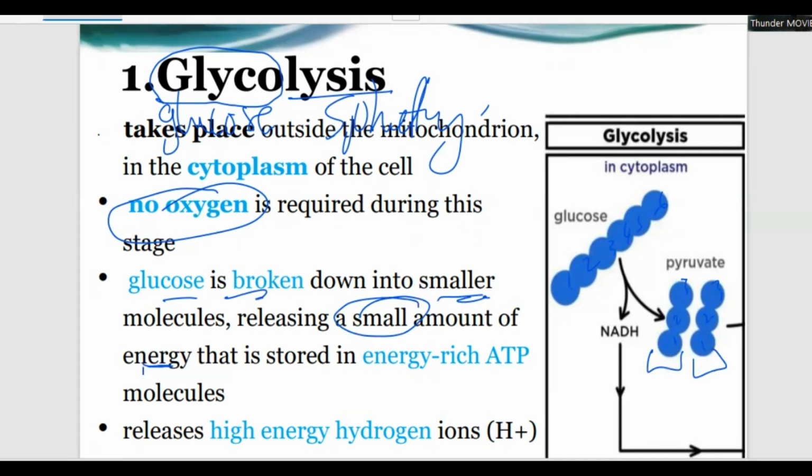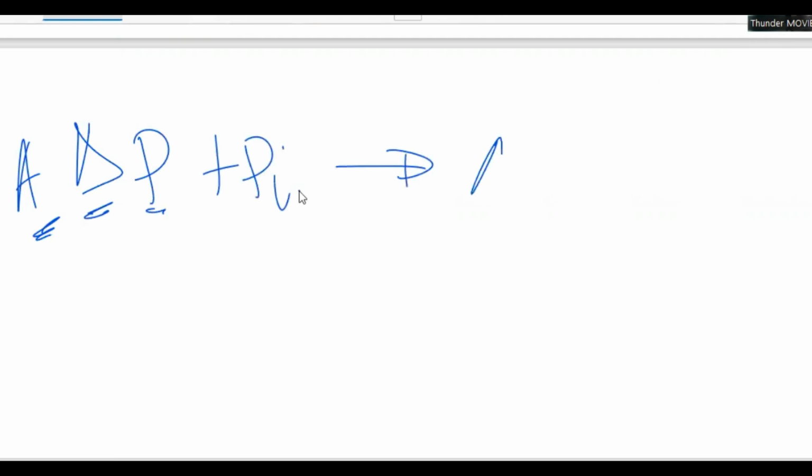Don't forget that during phosphorylation, you have ADP, which is adenosine diphosphate, plus an inorganic phosphate. You form ATP, which is adenosine triphosphate, meaning three phosphates with the adenine.